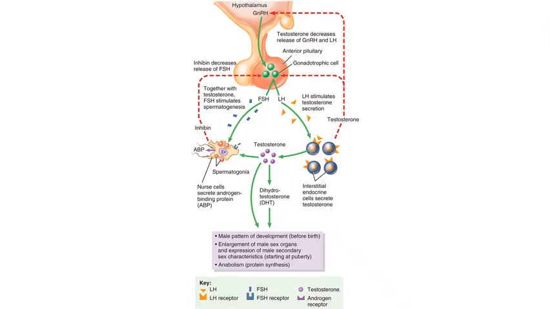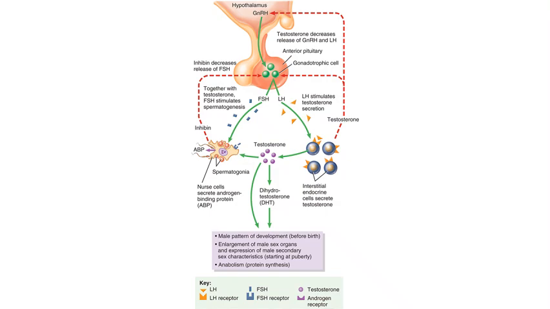In some target cells, such as external genitalia and the prostate, a specific enzyme can convert testosterone into another androgen called dihydrotestosterone, or DHT. Now, FSH acts indirectly to stimulate spermatogenesis.